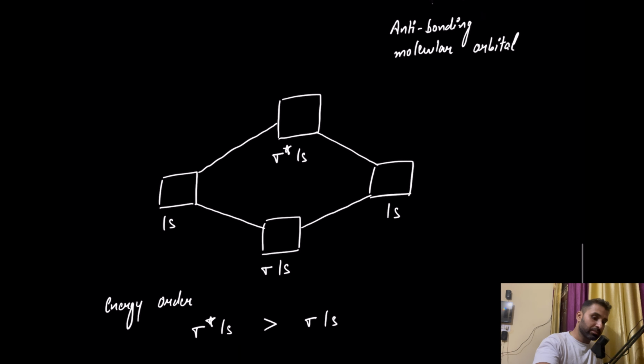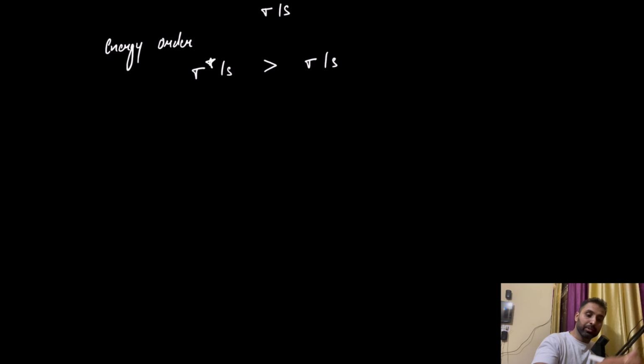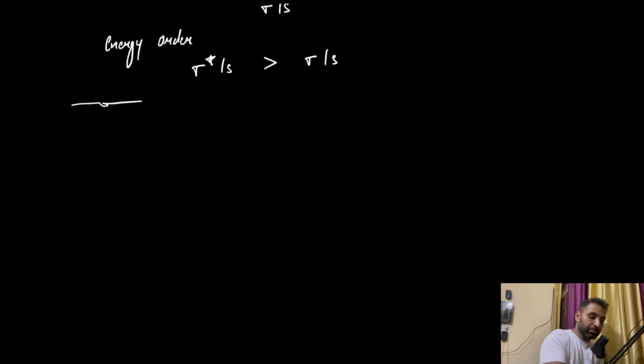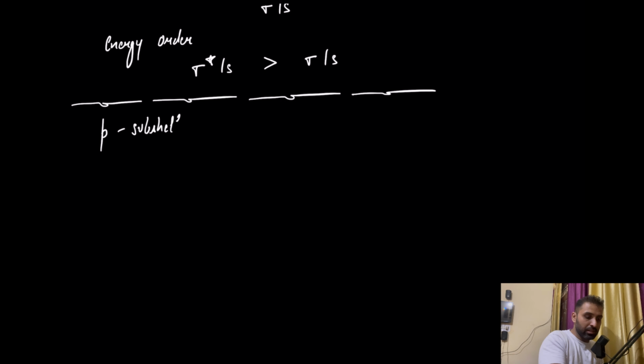Now, let's move to the p orbitals. In p orbitals, I have told you in the previous lectures, in p subshell, we have three orbitals.